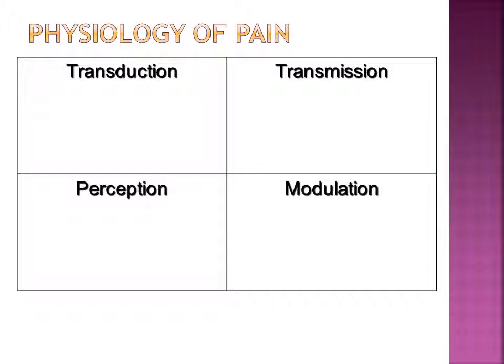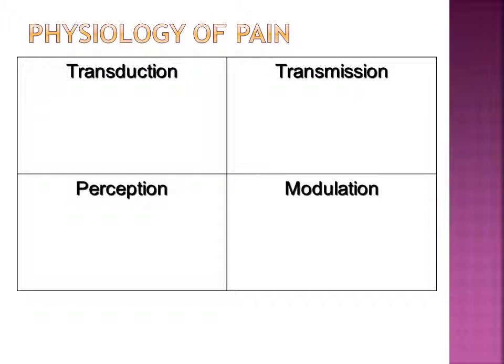Then when cellular damage occurs by thermal, mechanical, or chemical stimuli, neurotransmitters such as prostaglandin, bradykinin, potassium, histamine, and substance P are released. These substances surround the pain fibers in the extracellular fluid and then spread the pain message that causes an inflammatory response.